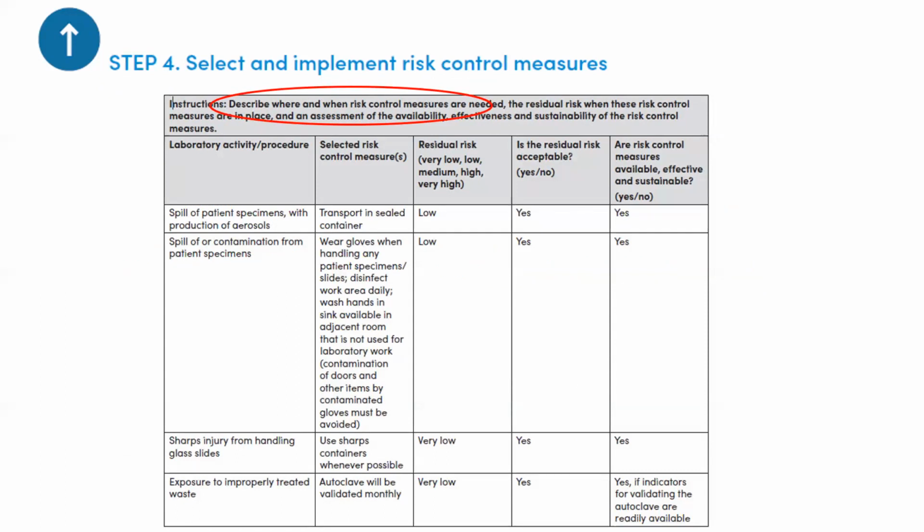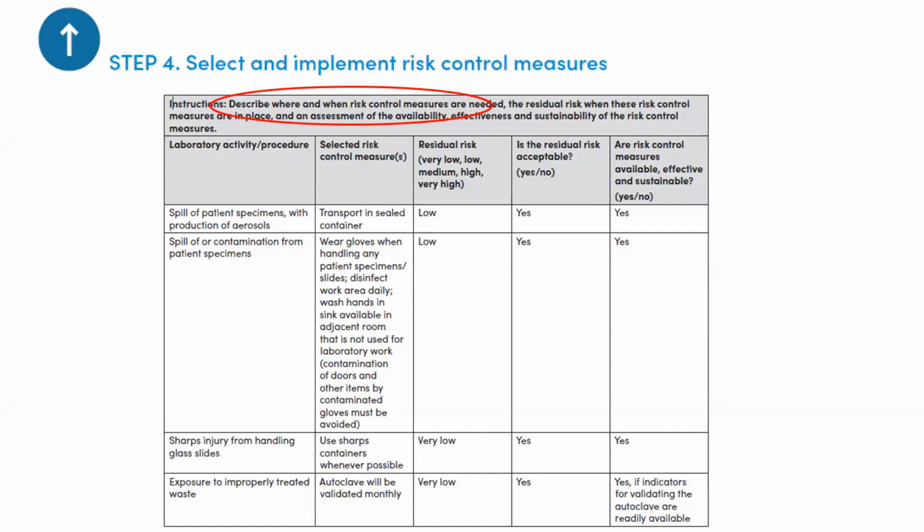So they're needed to prevent the spill of patient specimens. And what did they add as a risk control measure? Their initial risk, remember, was medium. They added a transport in a sealed container. So they're reducing the likelihood that a spill will occur. And so the residual risk after the control's been added is low.